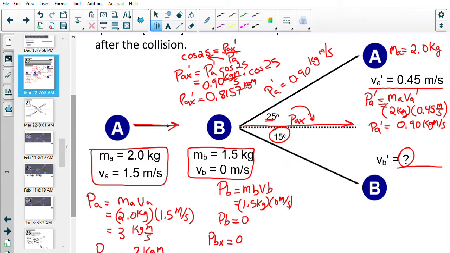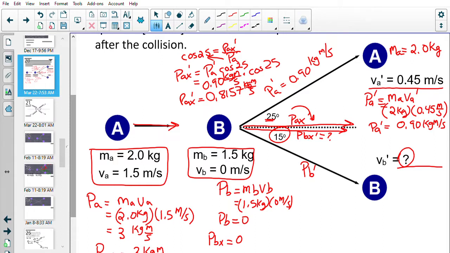Kilogram meter per second. Because I don't know VB prime, I don't know PB prime, and therefore I can't figure out the x component of that. So PBx prime is unknown at this point.